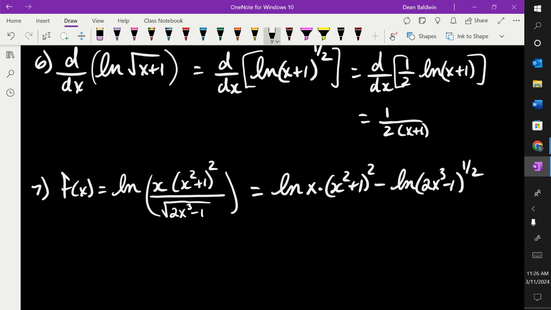Now we still want to simplify. Separate this, and then we're going to start dropping exponents. So the next step is going to be natural log of x plus 2 times the natural log.